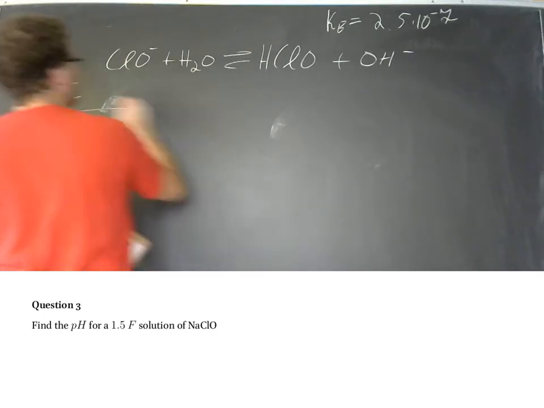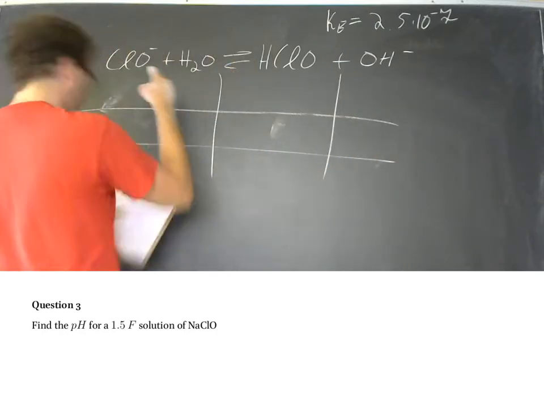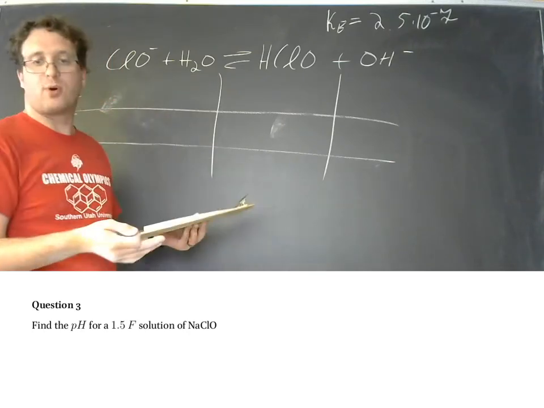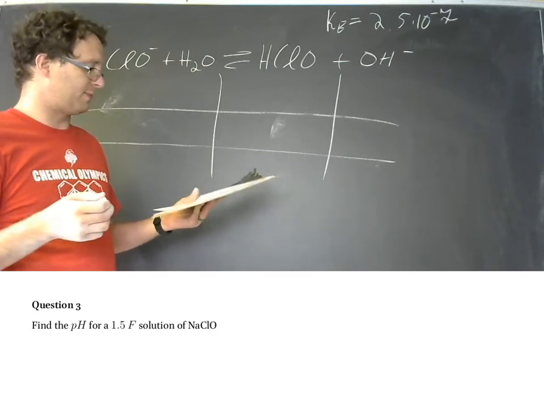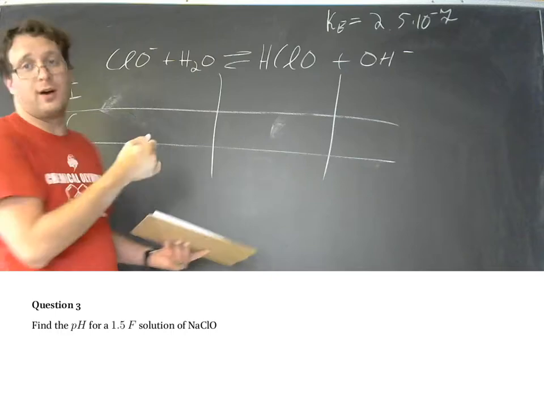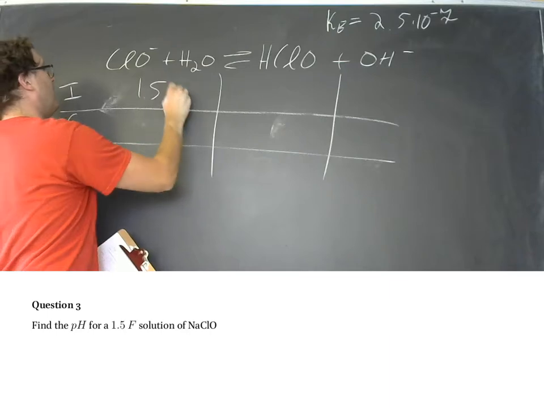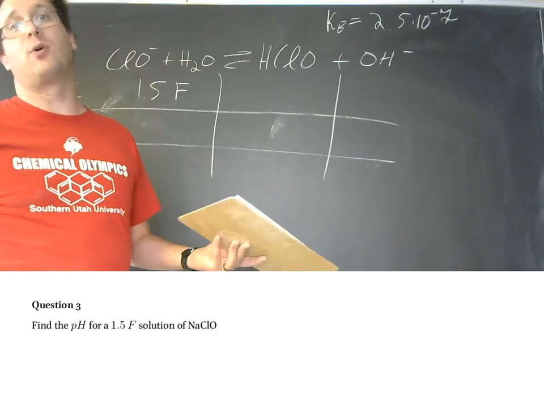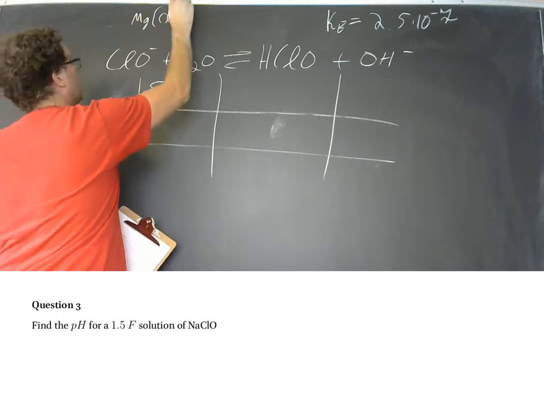Here's our ice table. And we're going to start with a 1.5 formal solution of the sodium hypochlorite. There's no subscripts to that sodium hypochlorite to suggest that the hypochlorite ion concentration is any different than 1.5 formal. So we have 1.5 formal. And what I mean by that is if it had been magnesium hypochlorite, then we would have had Mg(ClO)2, right?